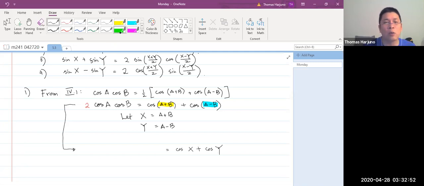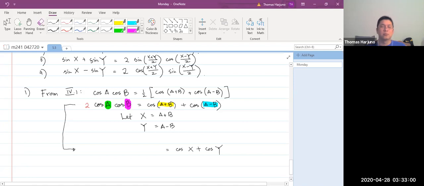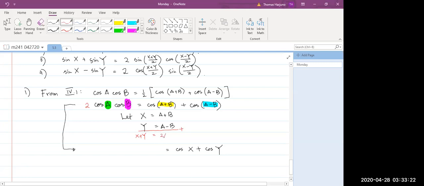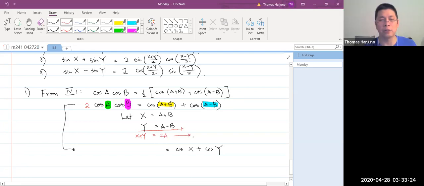Now the question is, what will a and b be? I need to solve that from here, and notice that if I add these, I get x plus y equals 2a. Therefore, I can substitute a by x plus y over 2, right?